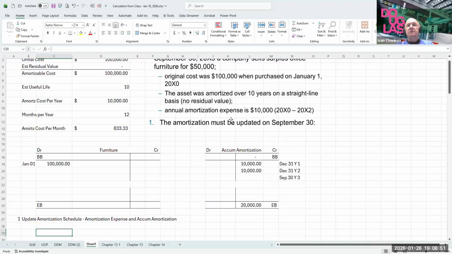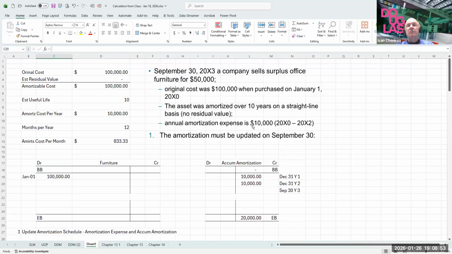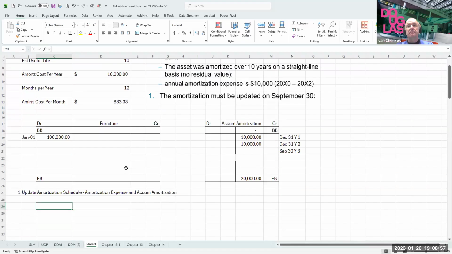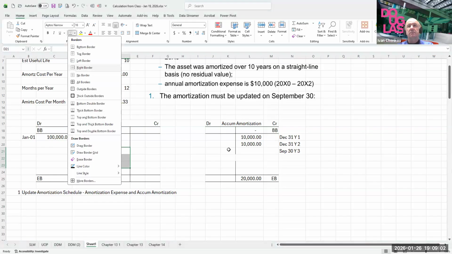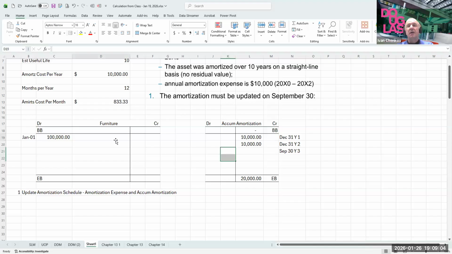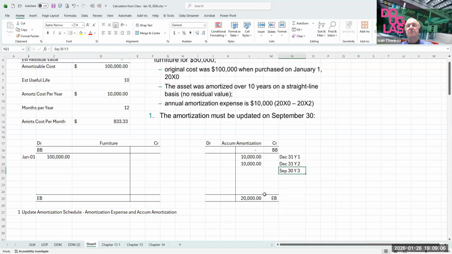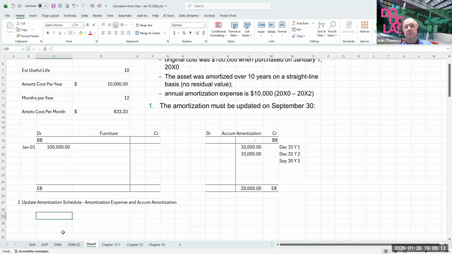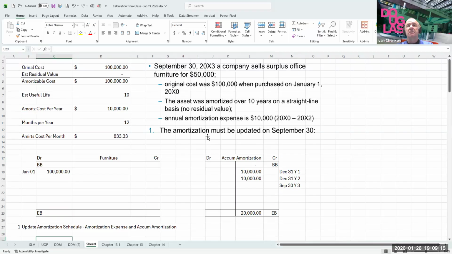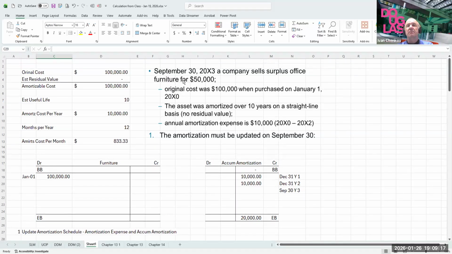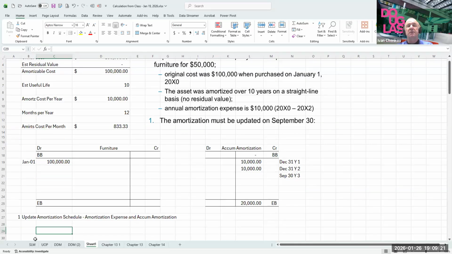The annual amortization expense has already been recorded for the earlier years, so I'm not worried about that. But did I use the asset from January to September 30th in year three? Most likely I did, because I'm selling the asset on September 30th. So up to September 30th, I have to show my amortization.